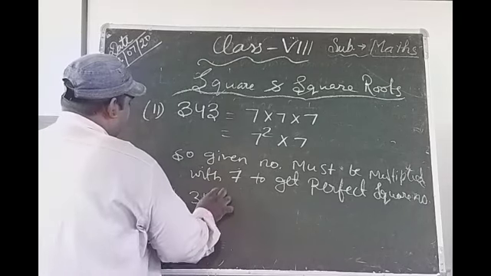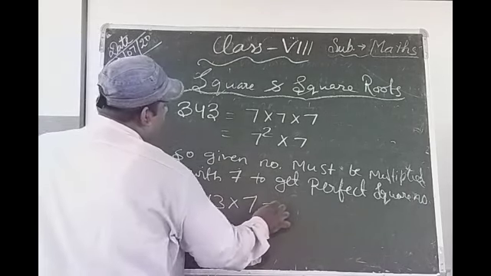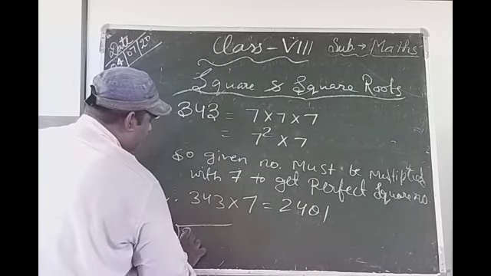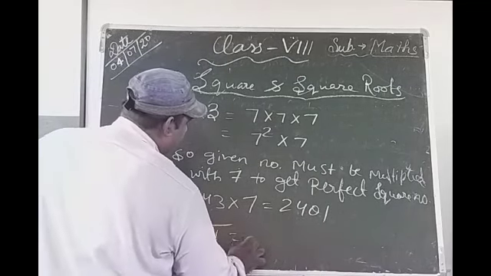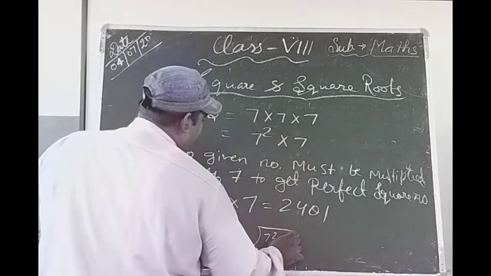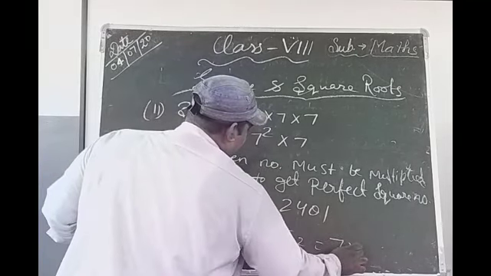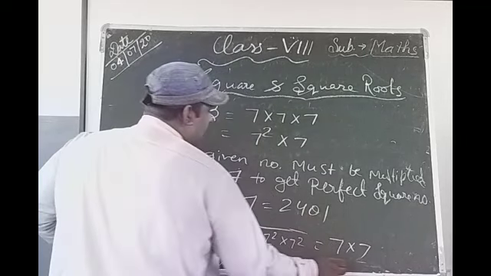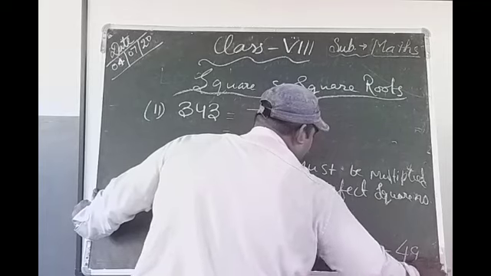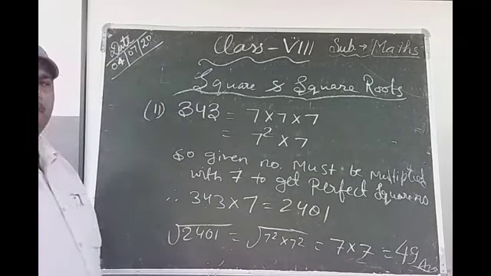Therefore 343 into 7, you will get 2401, which is 7 square into 7 square, that will be 7 into 7 and you will get 49. That is our answer. What have we got? 49.